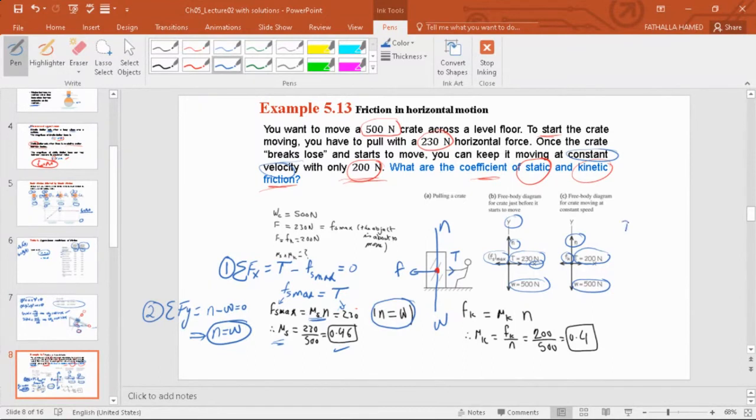You will do the same thing. Summation of Fx will be T minus Fk equal to Ma, but your a here is equal to 0 because you're moving with constant velocity, meaning that your tension equals the Fk.